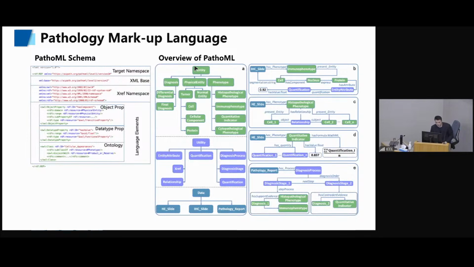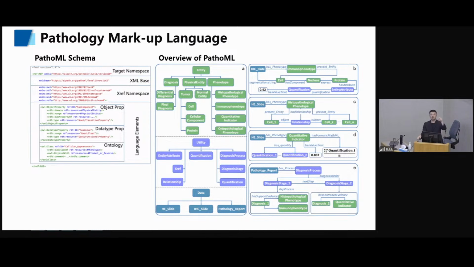In the markup language we developed for PathoGraph, we have several classes indicating data modalities. For each image, we will have a class referring to the raw image from which we extract the information and create the PathoGraph.